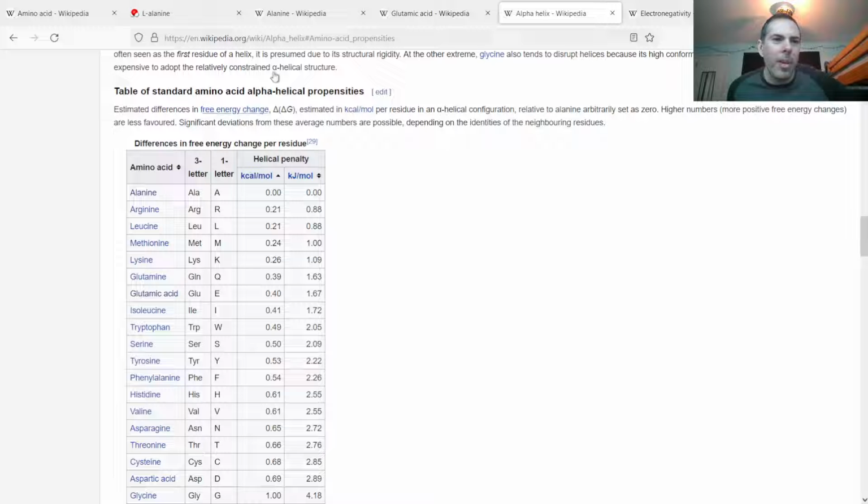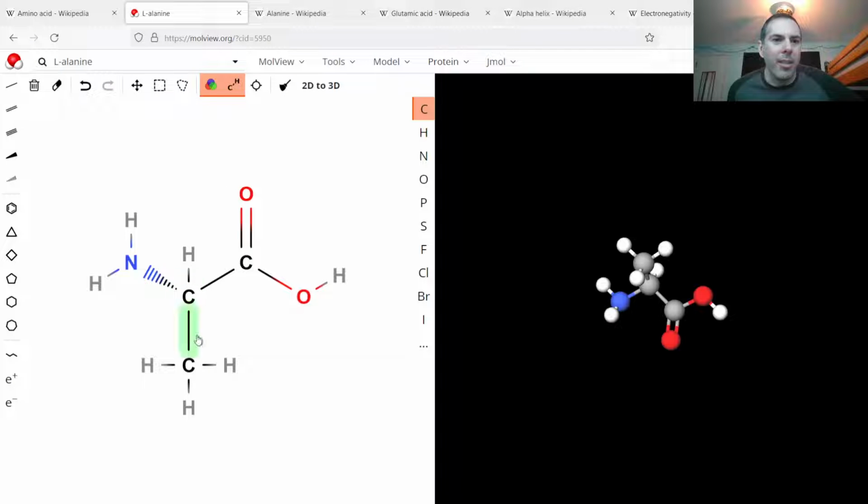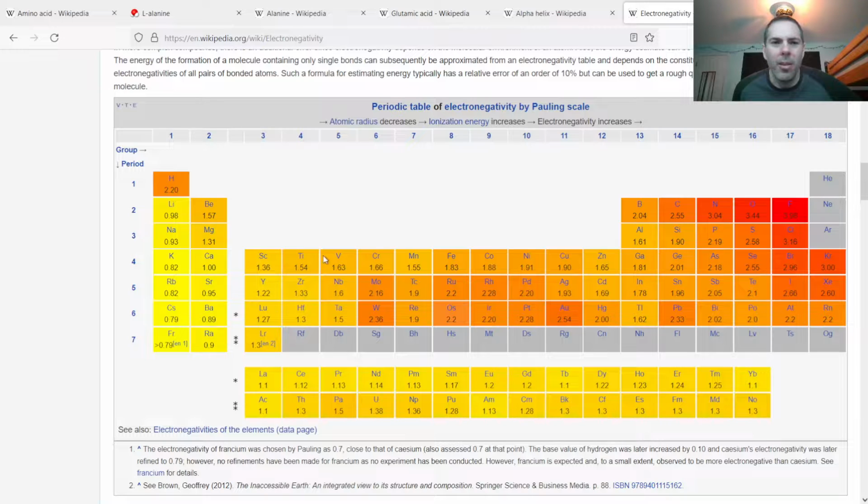So I didn't mention this, but alanine's side chain is a hydrophobic, non-polar, non-charged side chain. And I think it'd be helpful to talk about that for a second. This is the Wikipedia page on electronegativity, and there's the table of electronegativity for all the elements. You can see carbon here about 2.55, hydrogen about 2.2, and they're relatively close to each other.